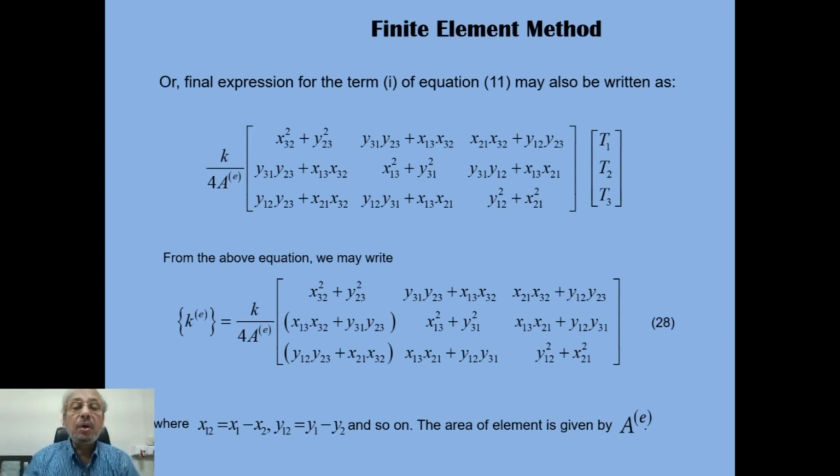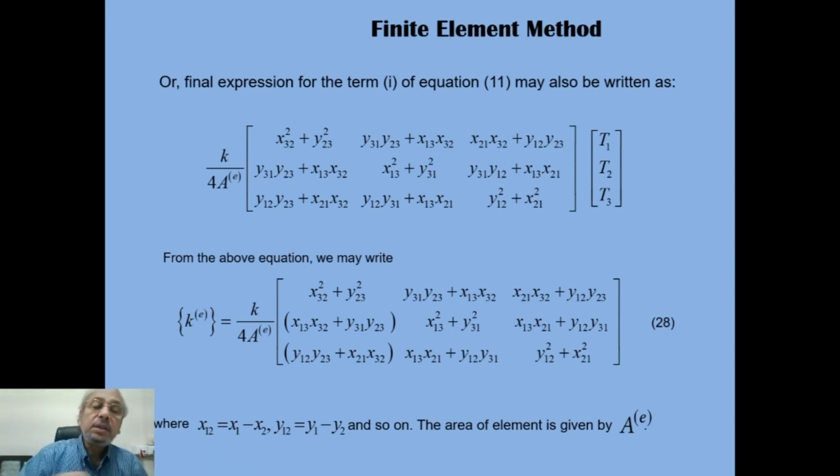So this K elemental matrix now comes in this form: K by 4 into area of the triangle, and these are the different terms in the matrix.